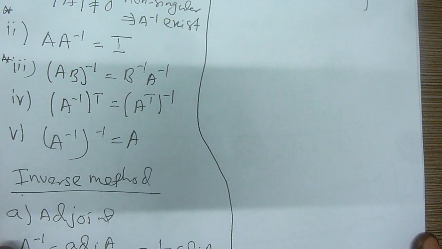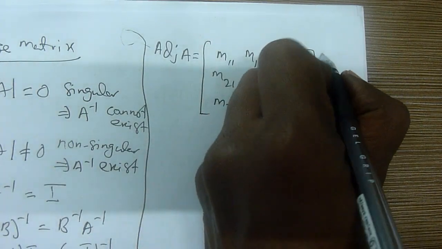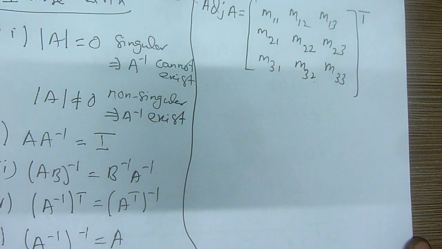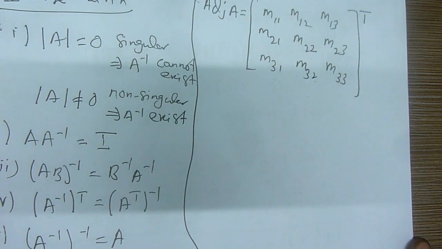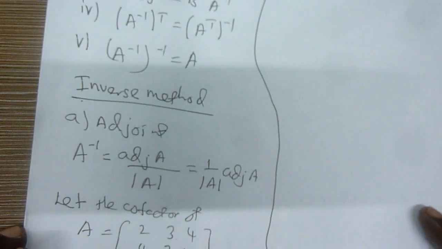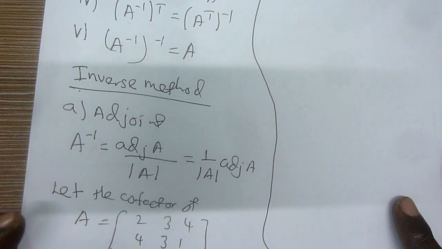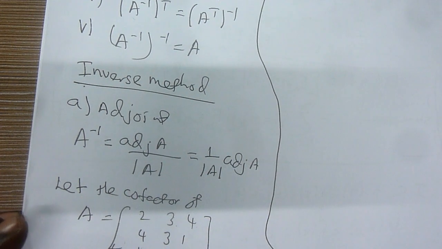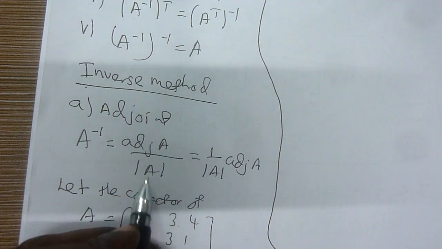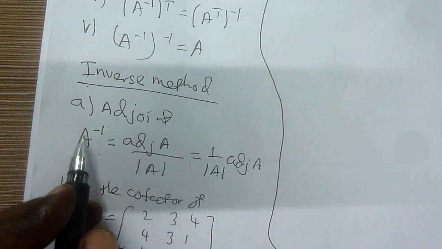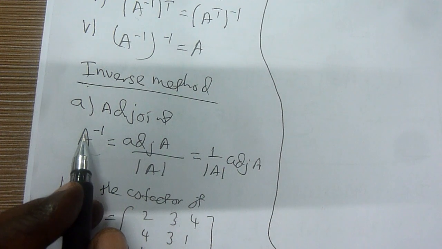You must transpose. You need to take all the cofactors, but you must transpose to place the whole adjoint, then divide by the determinant of A. You will get the inverse.